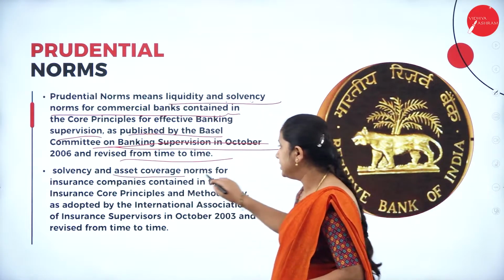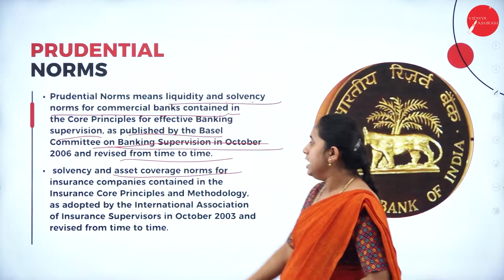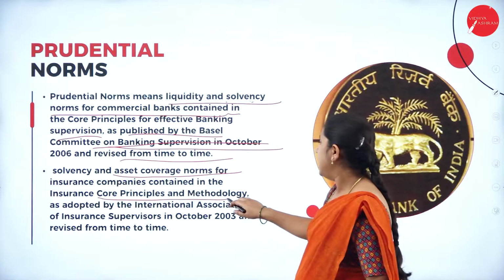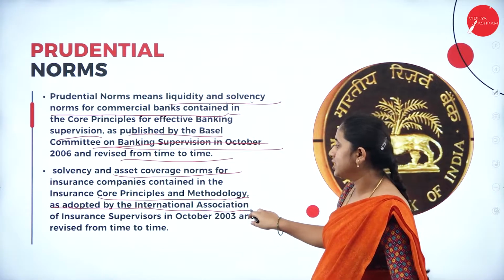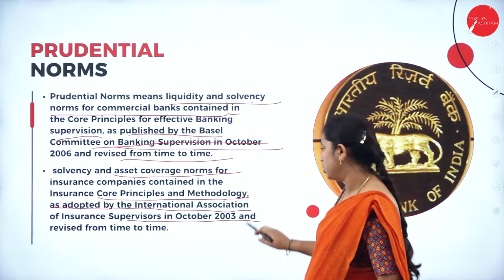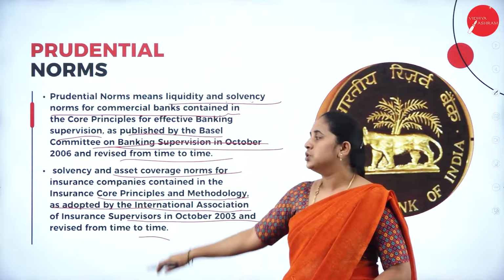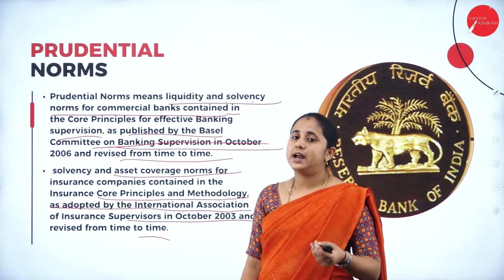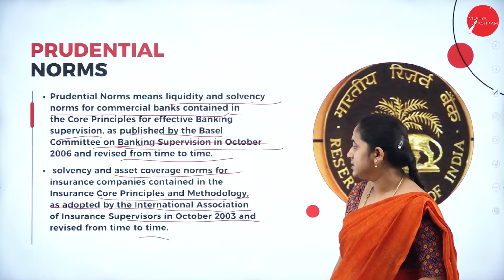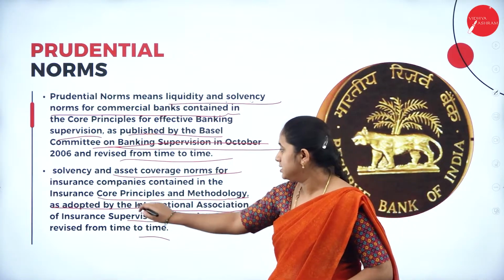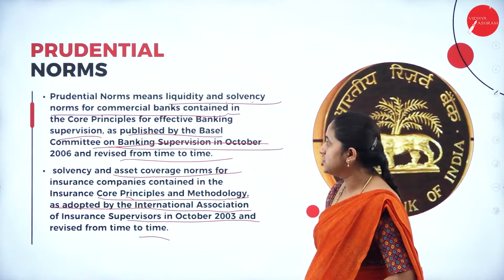Solvency and asset coverage norm for the insurance companies is contained in the Insurance Core Principles and Methodology as adopted by the International Association of Insurance Supervisors in October 2003 and revised from time to time. So this is all about prudential norm.